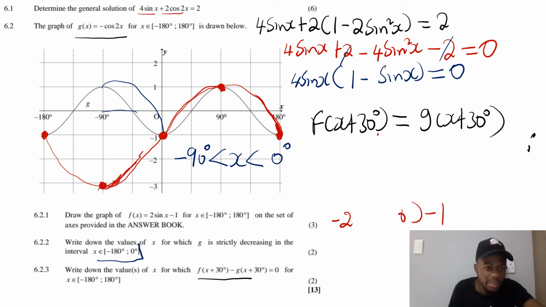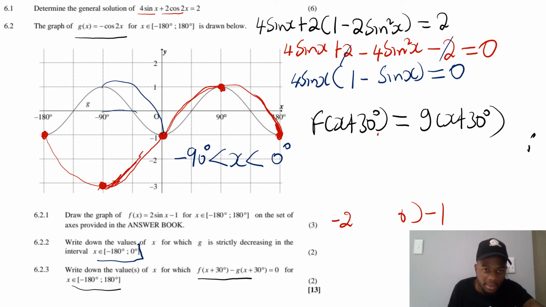Negative 180 degrees, if it is shifted 30 units to the left, it will become negative 210 degrees, and it is not on our interval. We don't write it. Then we'll go again. These two functions were also intersecting at 0 degrees.